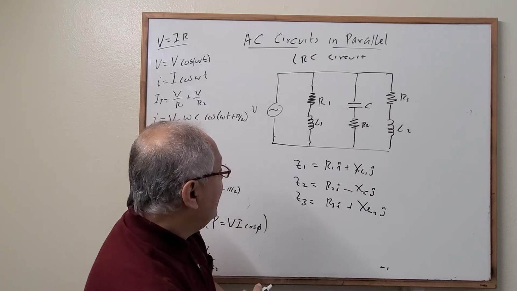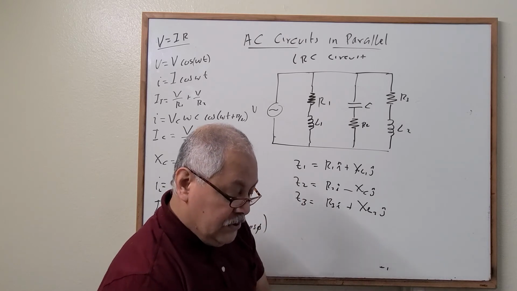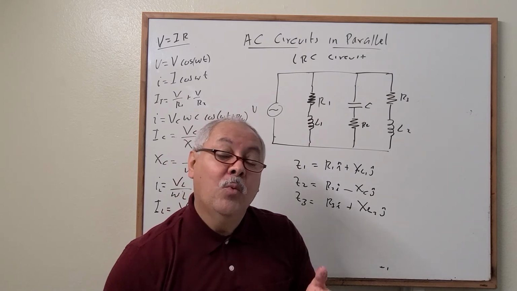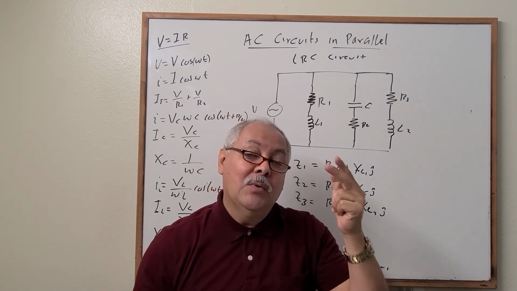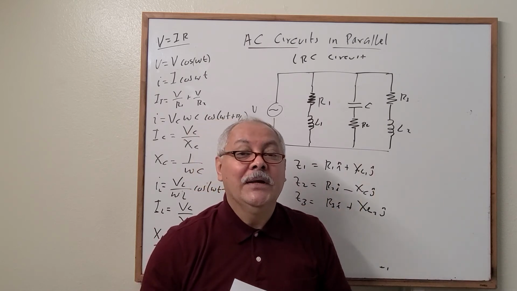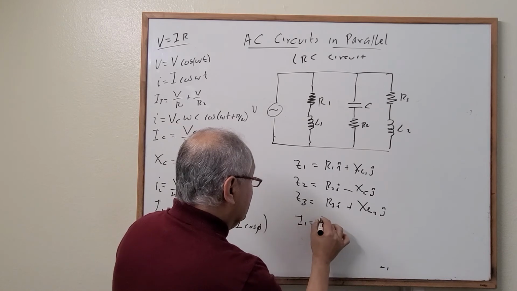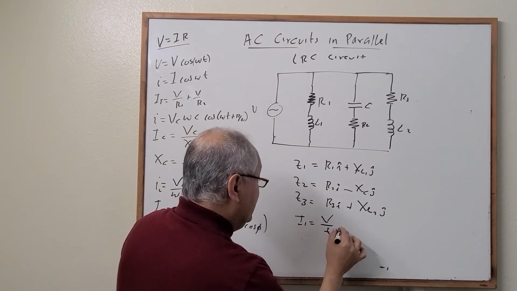Perfect. Now, what happens to the current? Well, remember we're looking for current 1, current 2. In this case, we have current 3. Current 1, current 2, and current 3. Perfect. And then we have current 1 is equal to V over Z1.